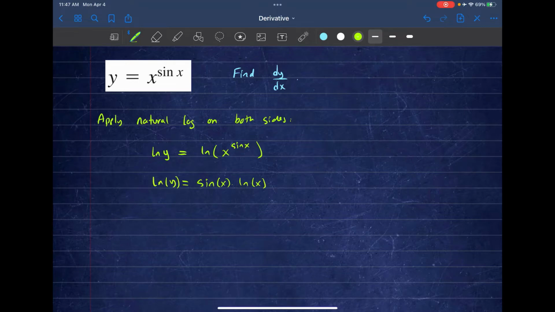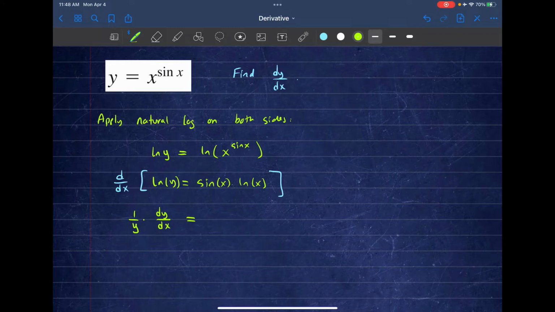And now you take the derivative with respect to x. Once you simplify using laws of logarithm, you simply differentiate with respect to your independent variable, that is x in this case. On the left side, it's an implicit differentiation because we're differentiating ln of y. So the derivative of ln of y is 1 over y times the derivative of y, that's dy/dx.